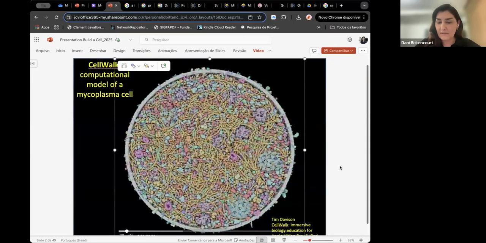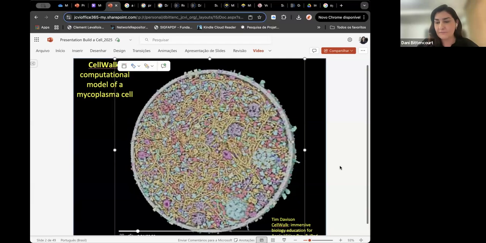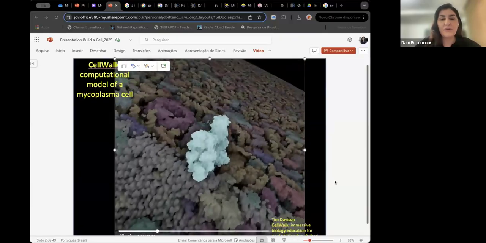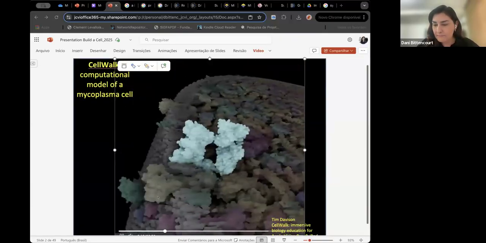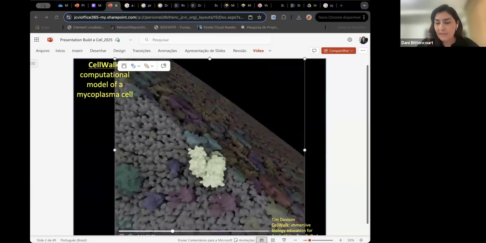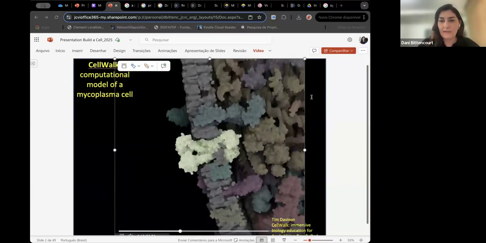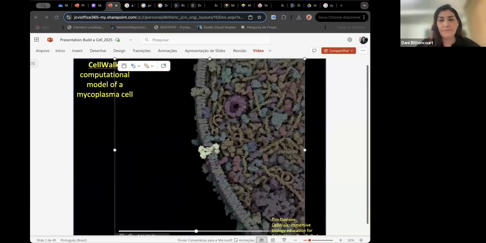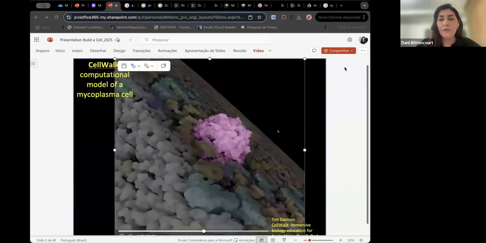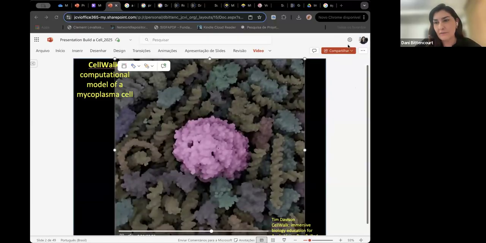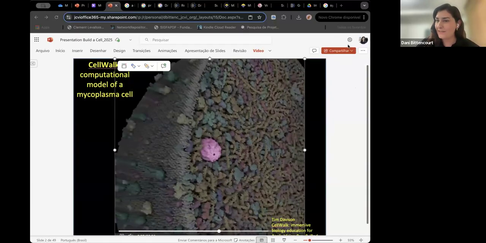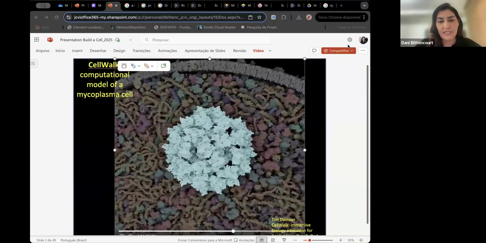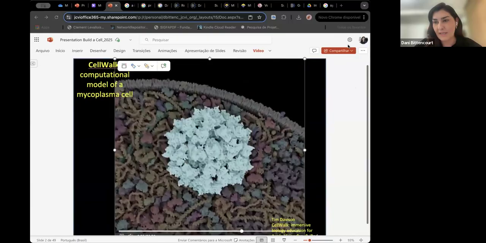This was developed by Tim Davidson, who is a programmer from Canada. Here he's showing a model of Mycoplasma genitalium, a species from the Mycoplasma family, which the minimal cell was based on.